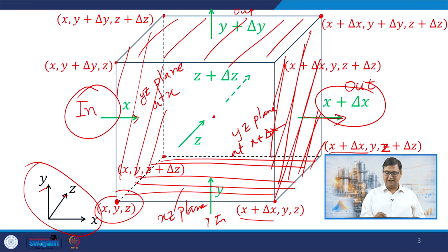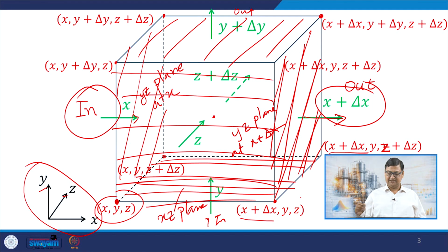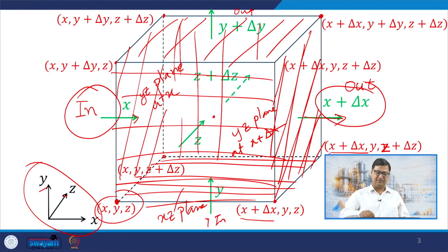And then in a similar manner, we have another plane right here, that is my xy plane, that is my input, and then behind it on the other side, we have another xy plane at z plus delta z, that is the output, right. So, we can define basically 6 faces or 6 planes, where one yz plane, one xy plane, and one xz plane become the input faces. So, 3 faces are input, and then 3 corresponding faces are output, right.